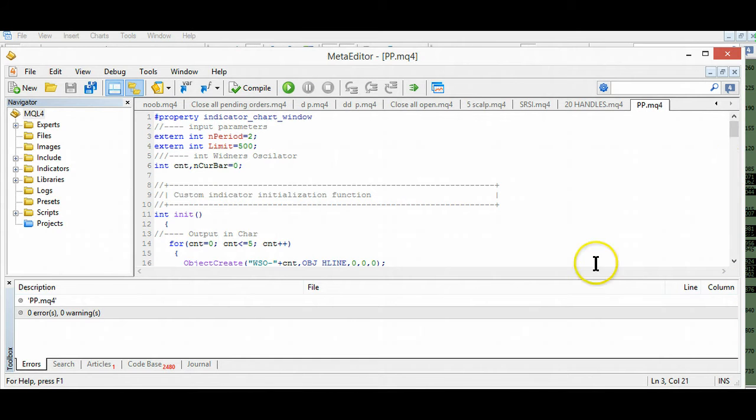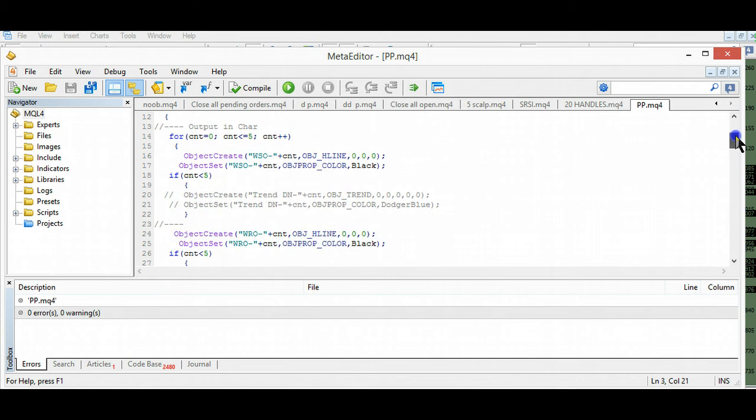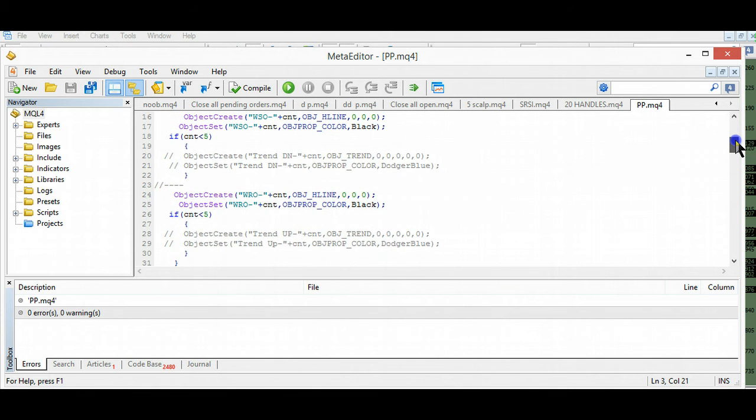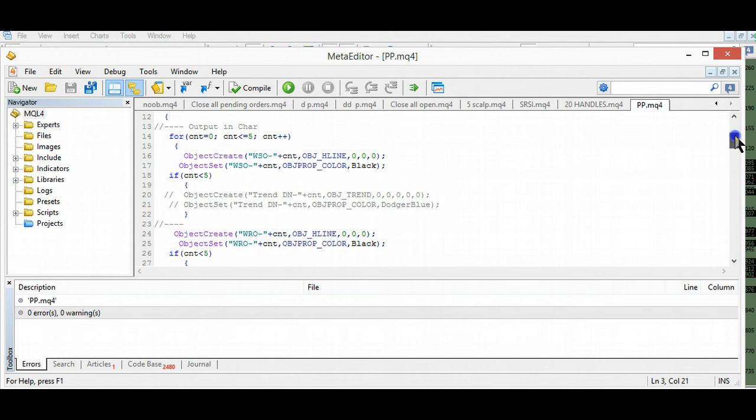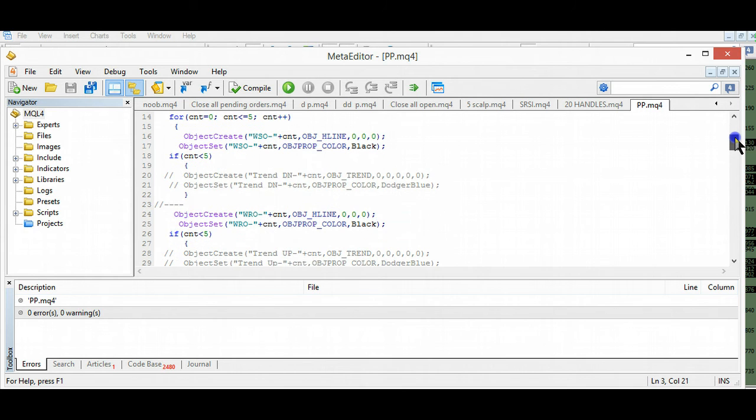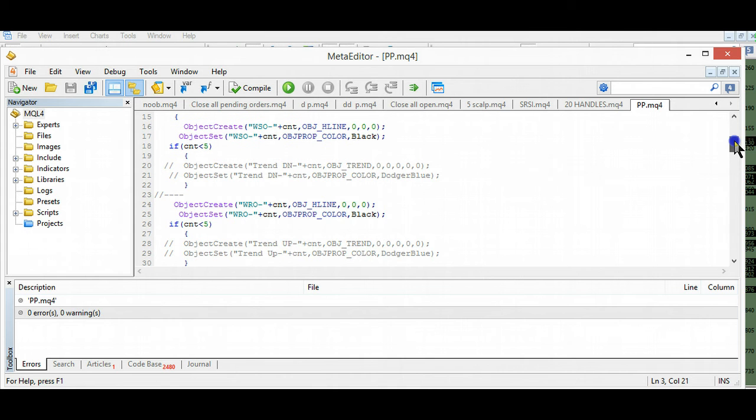Let me see if I can turn it on and show you what that would look like. I guess it's kind of nice, but it can be a little bit overwhelming. It is going to draw them on the close internally. I'm going to set it to black.